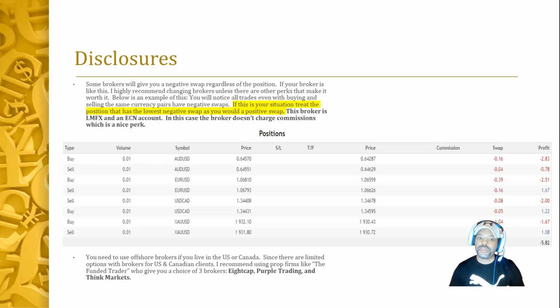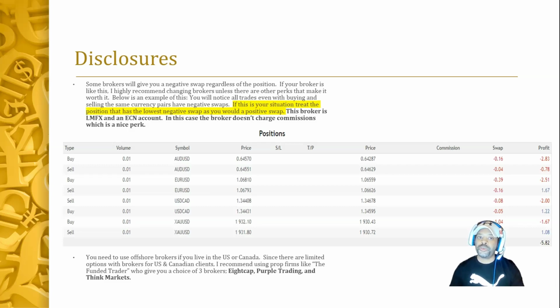In this case, the broker doesn't charge commissions, which is a nice perk. So for those of us who live in the US and Canada, we don't have a lot of options when it comes to offshore brokers. So LMFX is probably one of the better ones that I can think of.